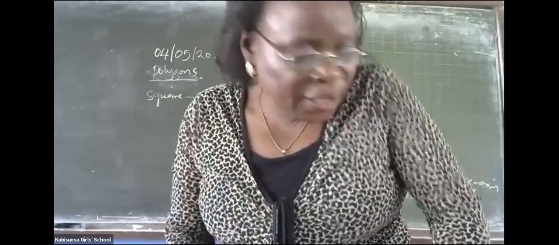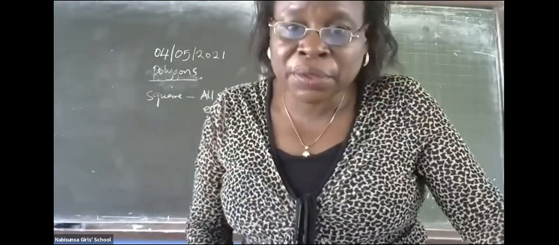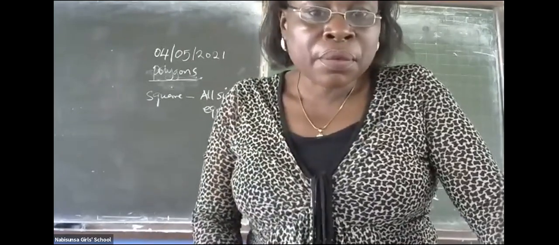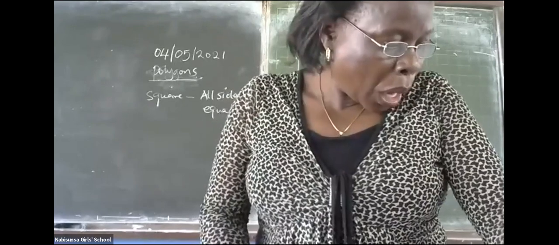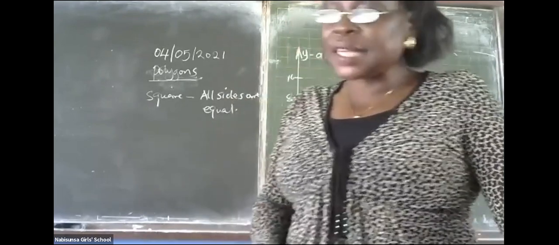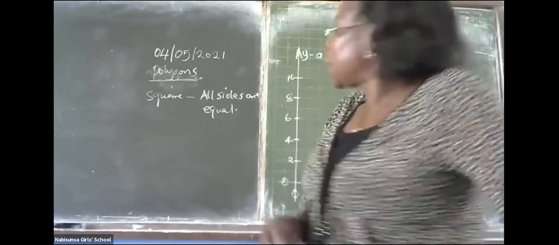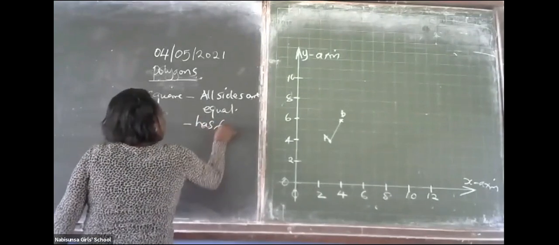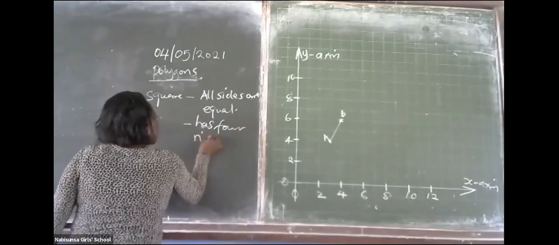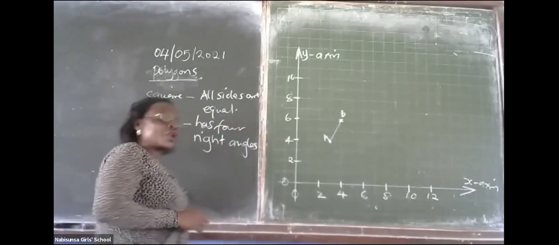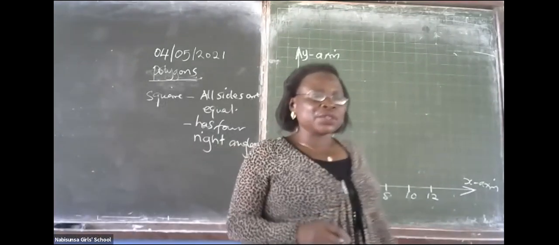Naigaga, unmute. Can you tell us what you know about a square apart from sides being equal? Yes, teacher. It has 4 right angles. All the angles are equal.